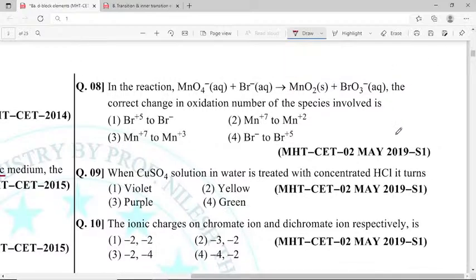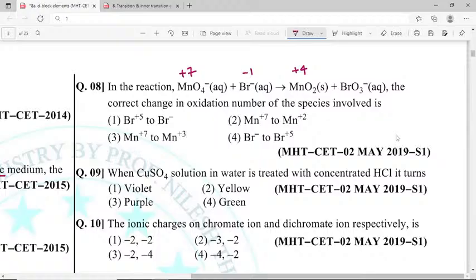In the reaction MnO4 minus plus Br minus giving MnO2 plus BrO3 minus, what is the correct change in oxidation number of the species involved? Br minus is minus 1 and goes to plus 5. Mn goes from plus 7 to plus 4.